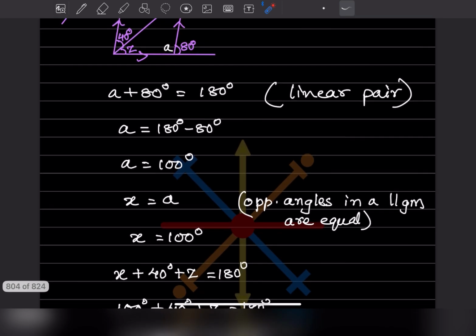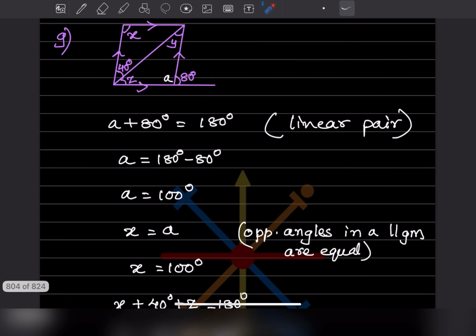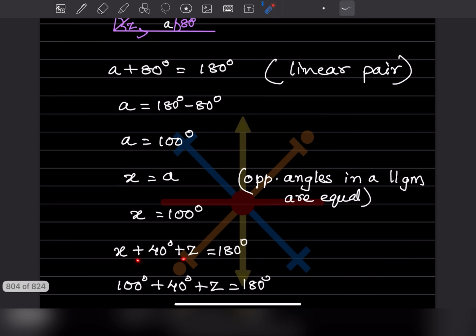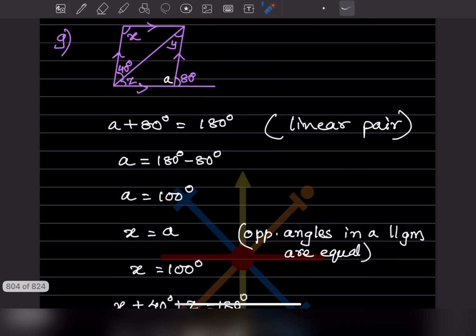Now we can put here x plus, this we got as 40. So we can put x plus 40 plus z, that is 180. Because this whole thing we are going to think of as a single angle, this angle is going to be 40 plus z, and these are the adjacent ones.